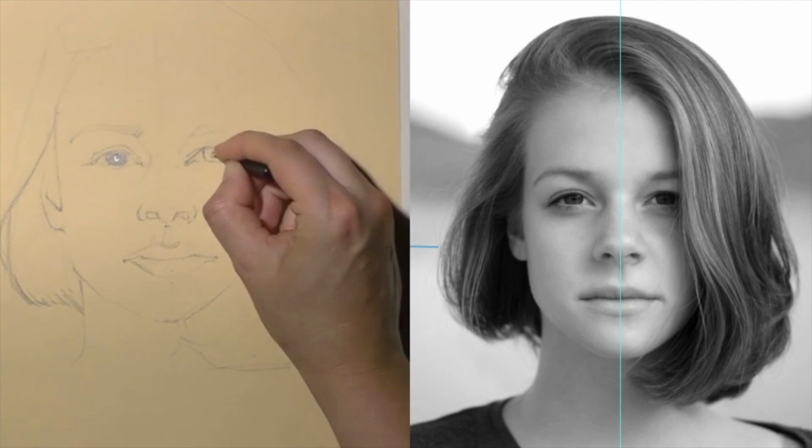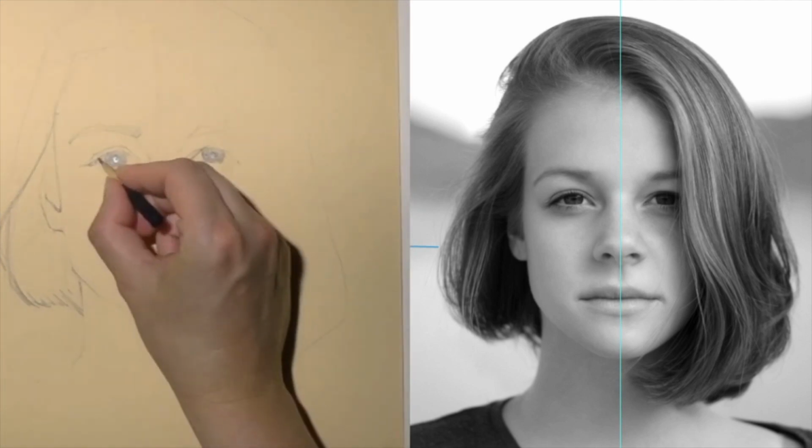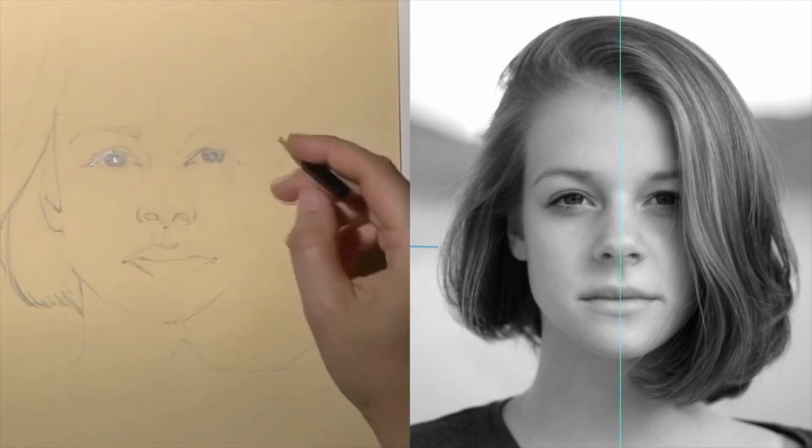Another something else to think about is called the rule of thirds.